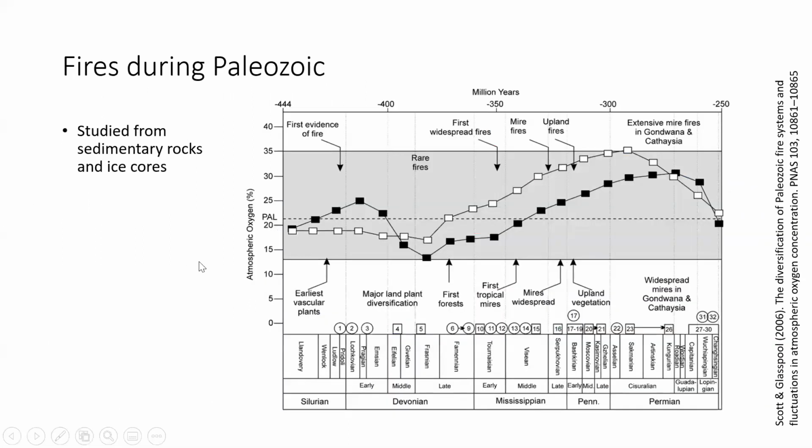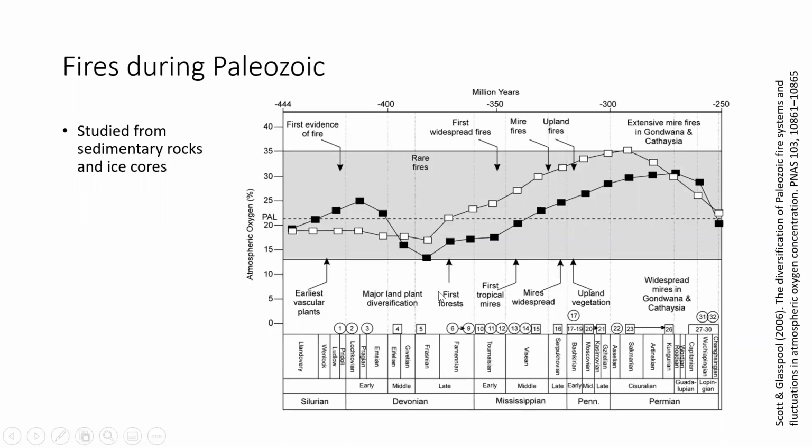Here, just to show you the first steps of fire on Earth. These have been studied from sedimentary rocks and also ice cores extending further deep in time. But here we can again see in the Silurian there's the first evidence of fire. You can check that at the same time there's the evolution and development of vegetation. There are the earliest vascular plants just before the evidence of fire.